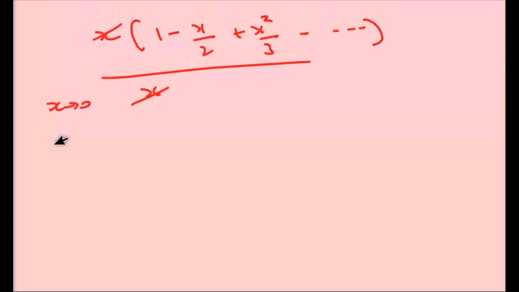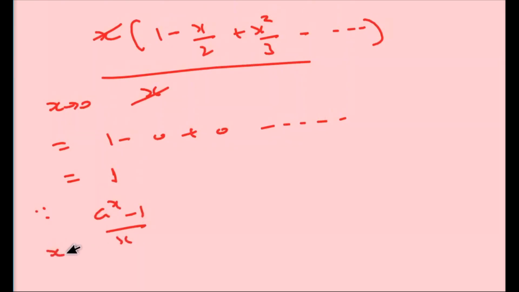Now putting this x, we get 1 minus 0 plus 0, higher powers of x are 0, so that is equal to 1. So since the limit of (a to the power x minus 1) upon x, as x tends towards 0, is equal to log e base a.